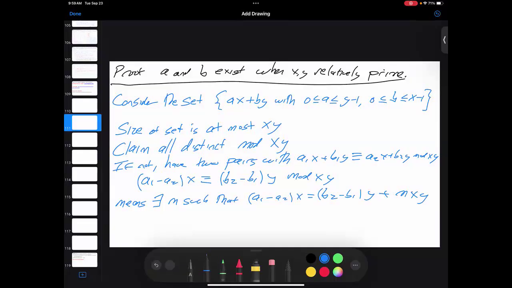What can you tell me about the left-hand side? We know it's an integer, but what else do we know is true about the left-hand side? No matter what A1 and A2 are, there's something that's going to be true about it.